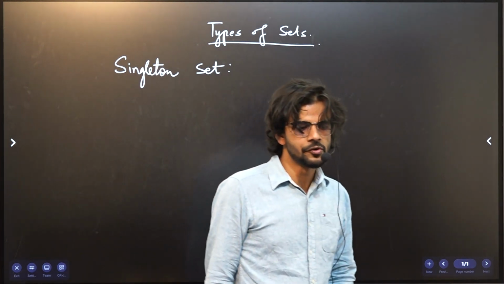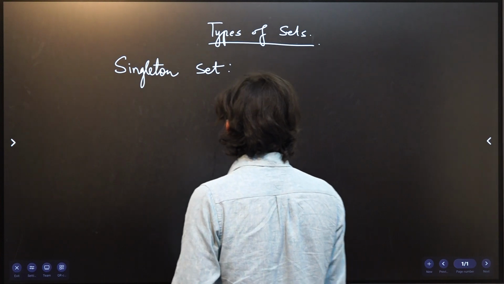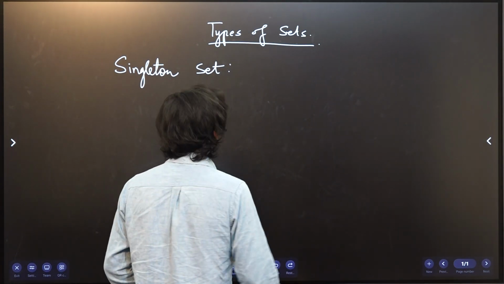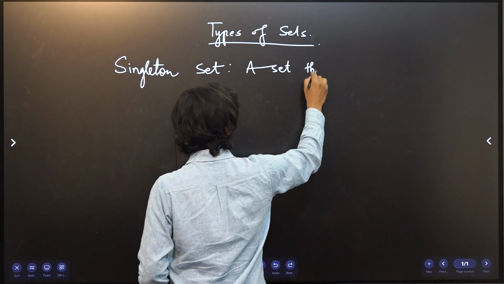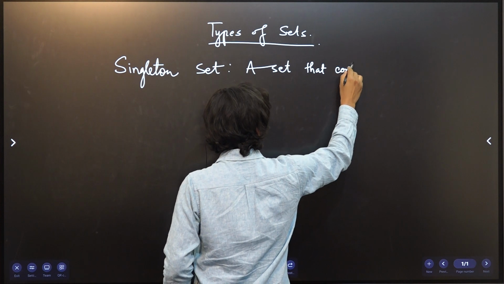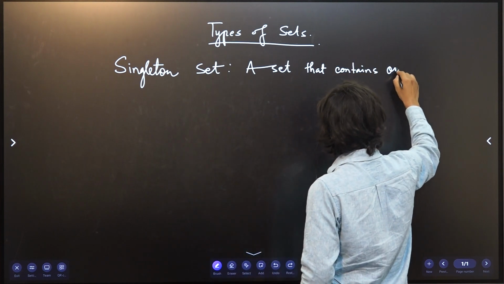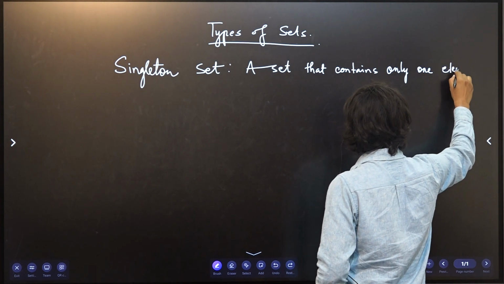Singleton set. Singleton set is a set that contains only one element. A set contains what?